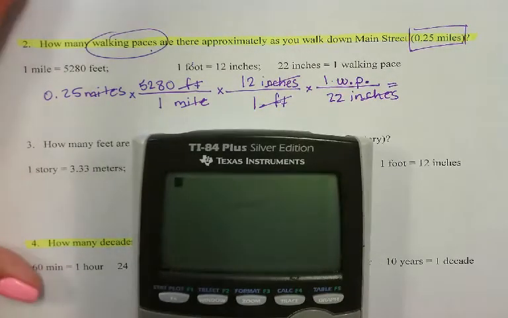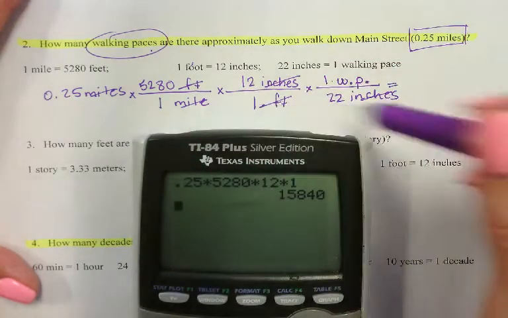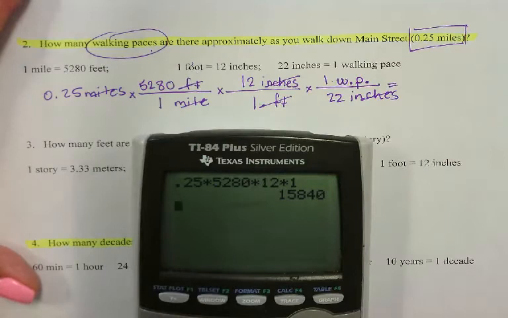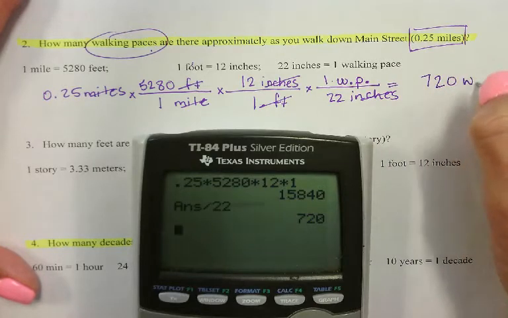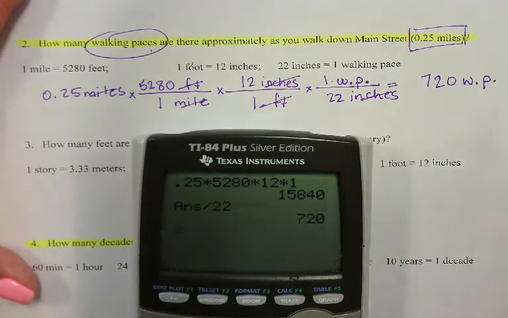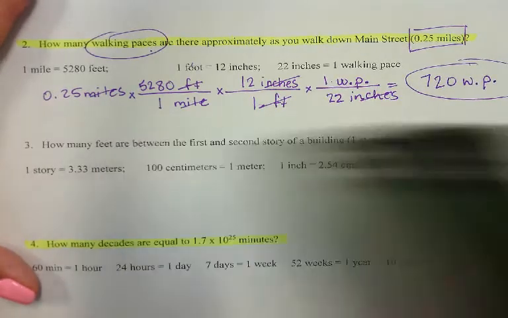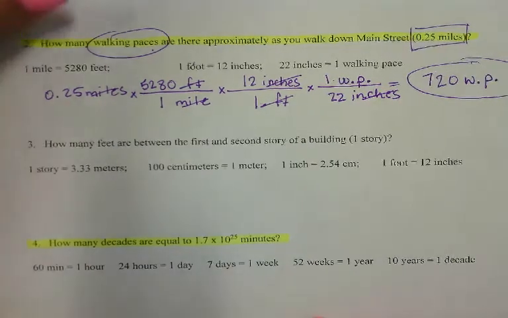There, 0.25 times 5,280 times 12 times 1 is that. And look, what do I have in the denominator? I have 22, so I'm going to divide it by 22. 720 walking paces, whatever that is. I feel like walking paces are not generic. They're different for each person.